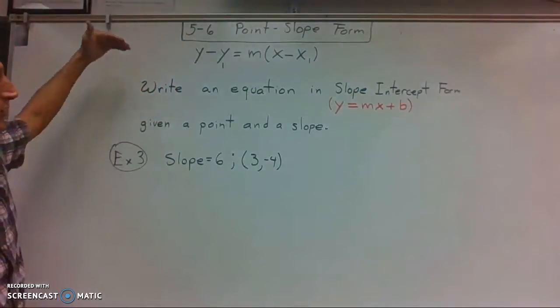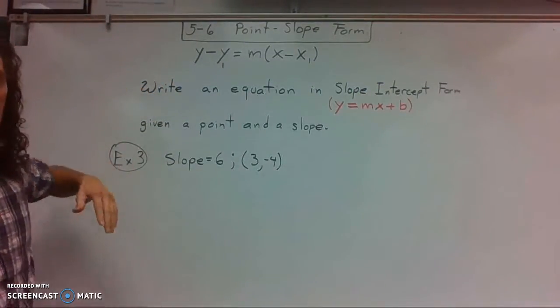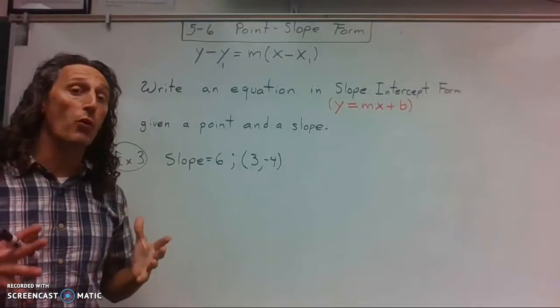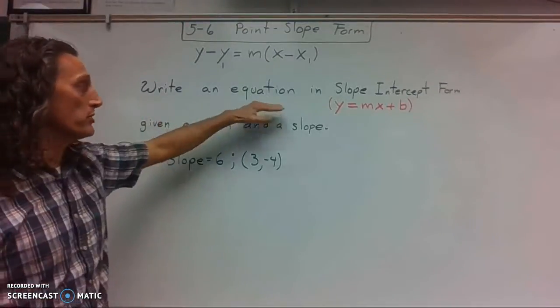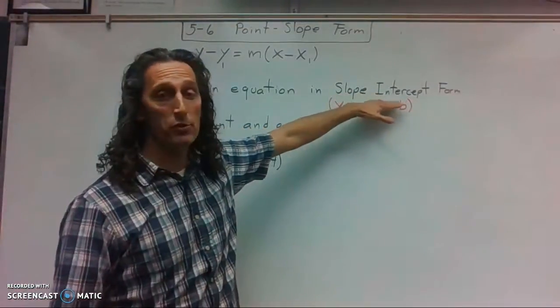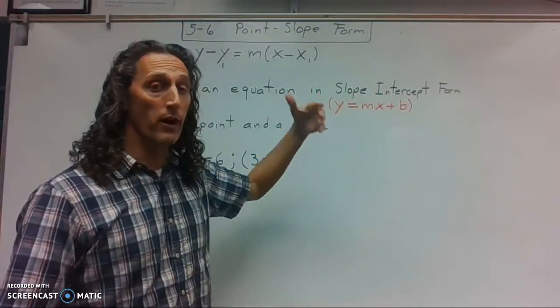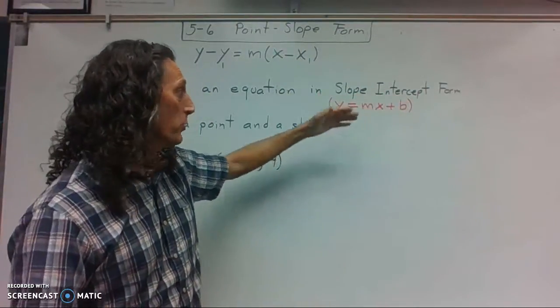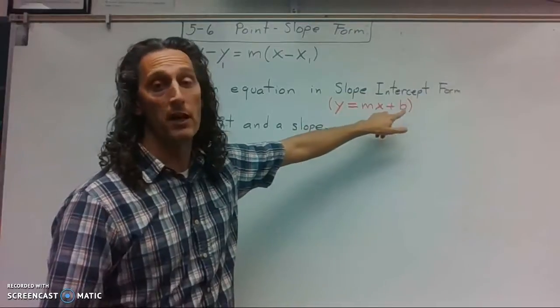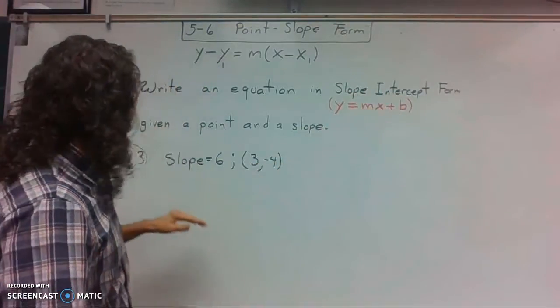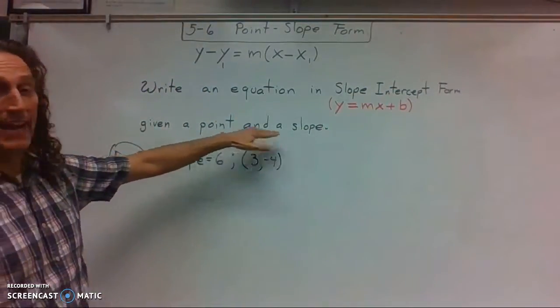And if you compare it to the first step, it's asking you to put it into a different form. Right? So it says write an equation in slope-intercept form. And if you remember from the previous lessons, slope-intercept form was y equals mx plus b when you're given a point and a slope.